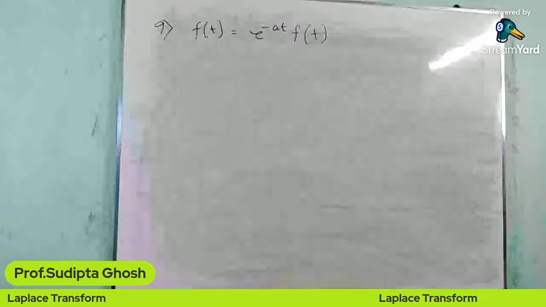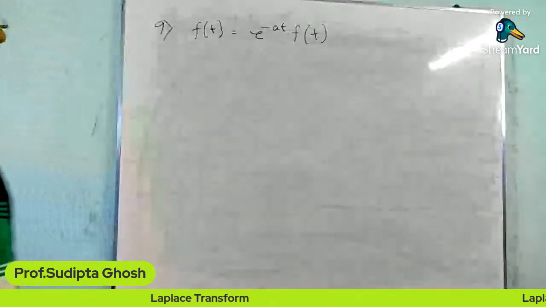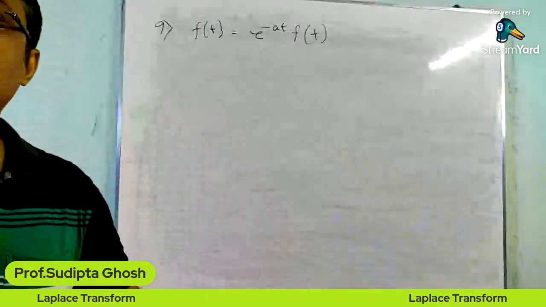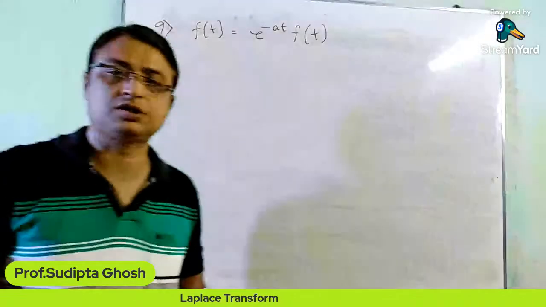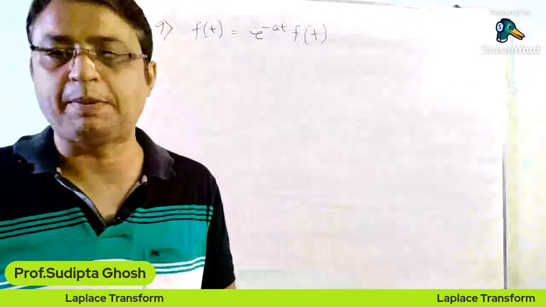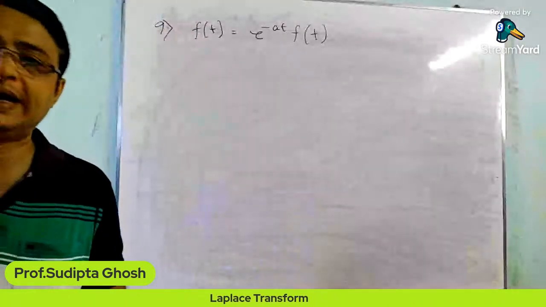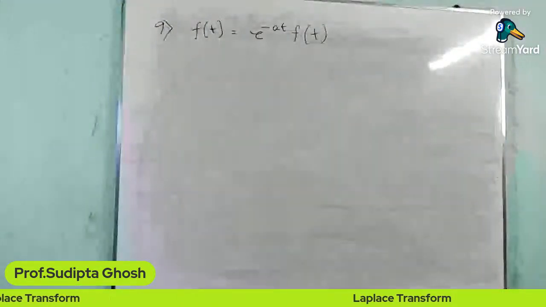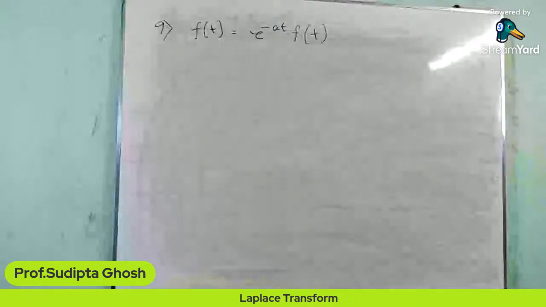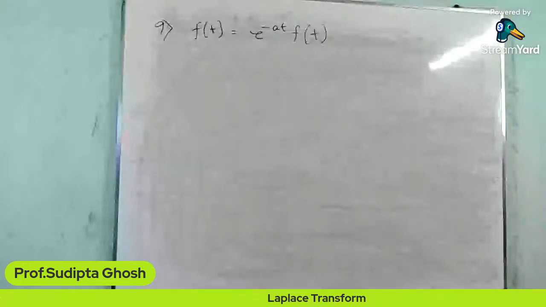So here, as you can see, we have two functional values, and this f of t can be of any type. It can be a trigonometric function, that is sine, cos. It can be a hyperbolic function, cos hyperbolic, sine hyperbolic. Or it can be any exponential form. So if this particular form, that is a product of two different functions, is given as the value of f of t, what can we do?